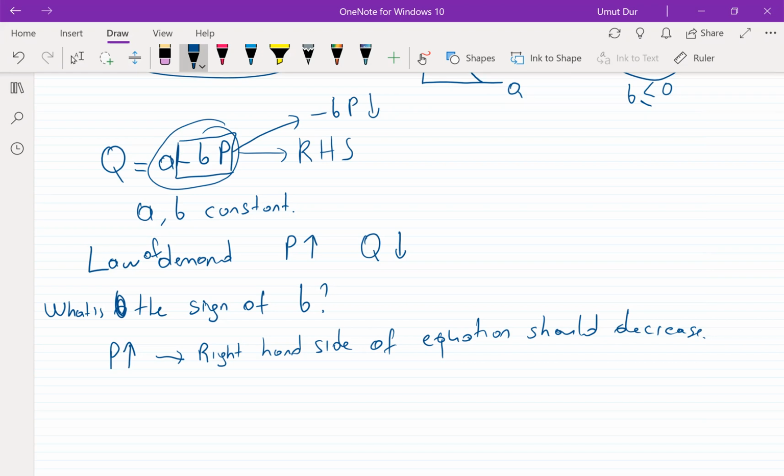Since bp is increasing, I can have that decrease only if minus b is less than or equal to 0, which gives us b is greater or equal to 0. Clear?